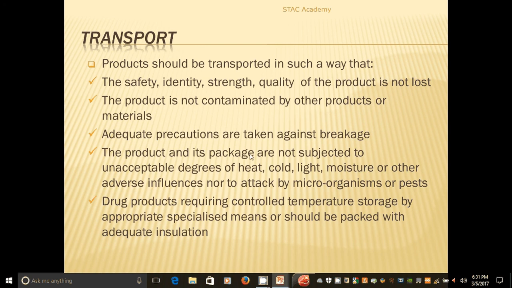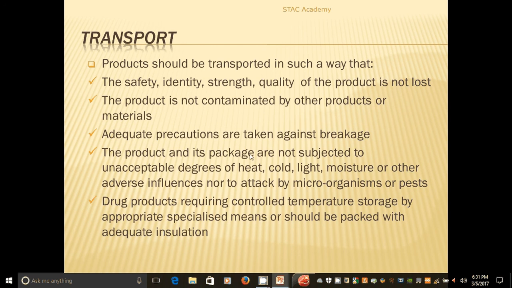Transport. Products should be transported in such a way that the safety, identity, strength, quality of the product is not lost. The product is not contaminated by other products or materials. Adequate precautions are taken against breakage.